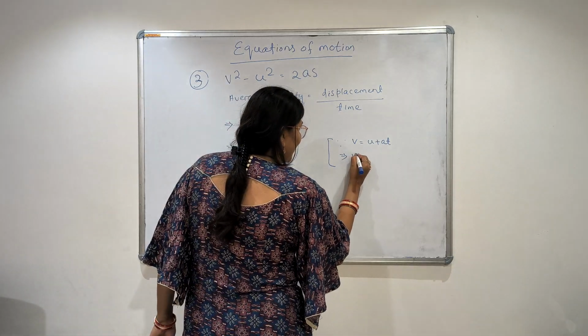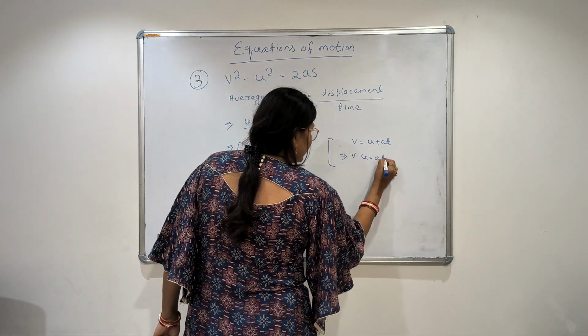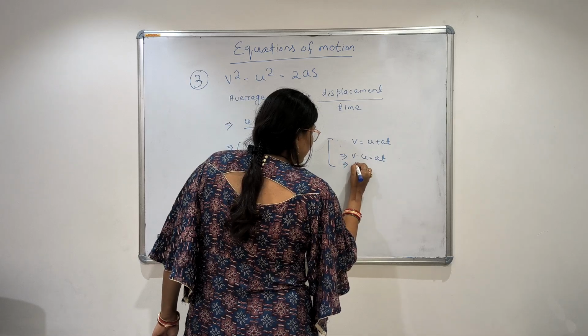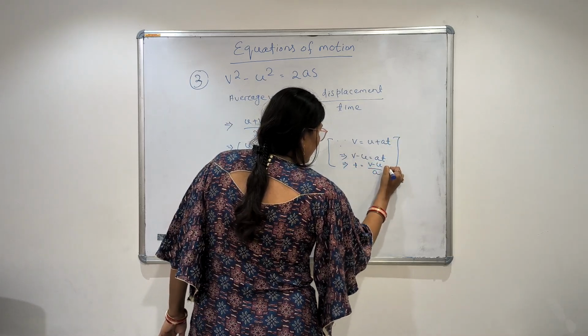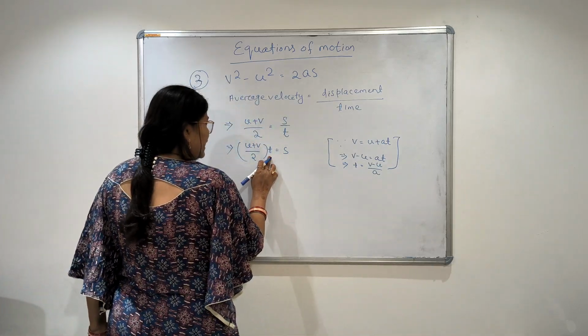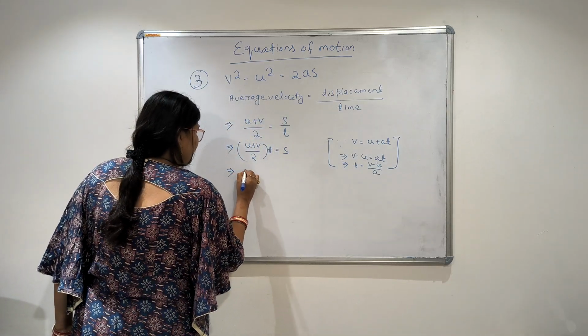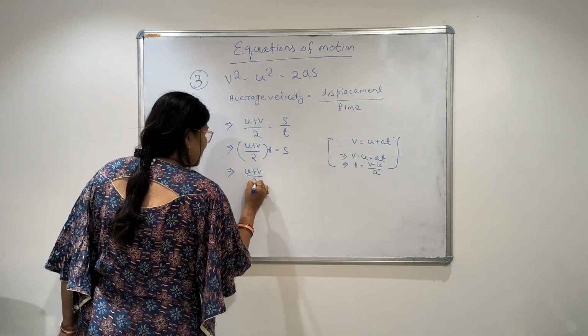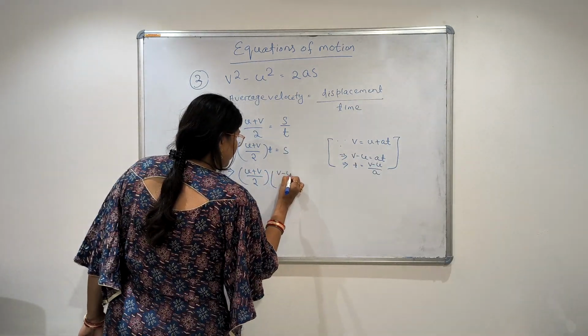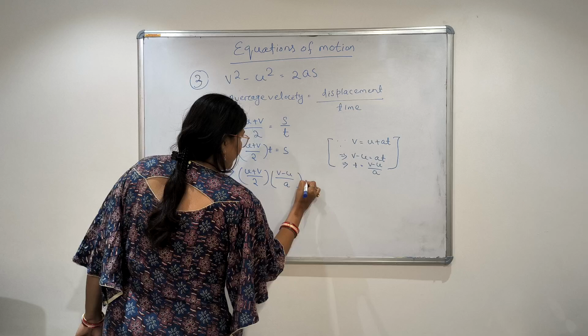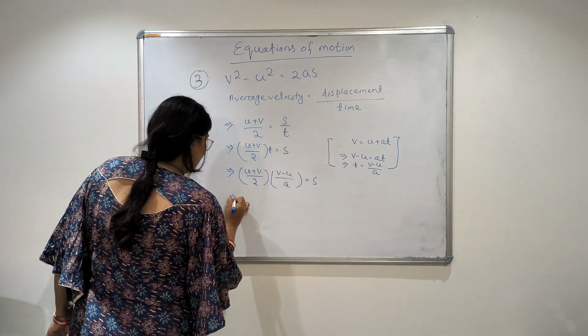So v minus u is equal to at. This implies t is equal to v minus u by a. Now putting the value of t here, this implies u plus v by 2 into t, that is v minus u by a, is equal to s.